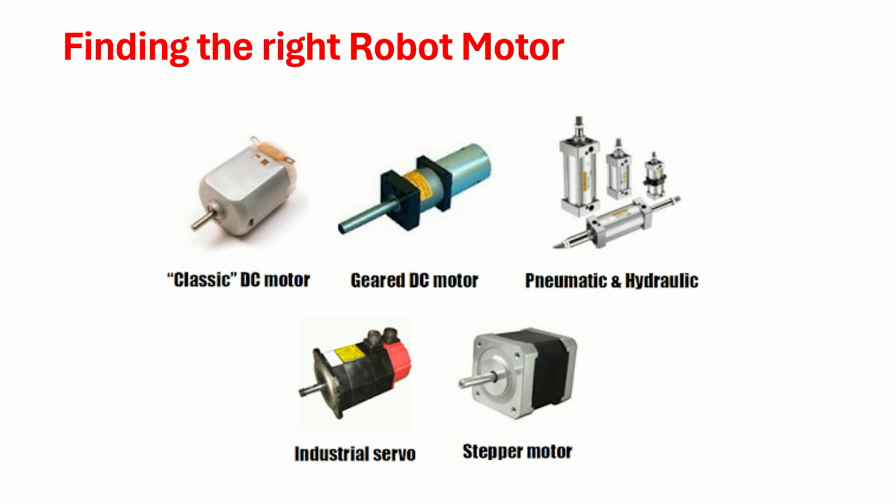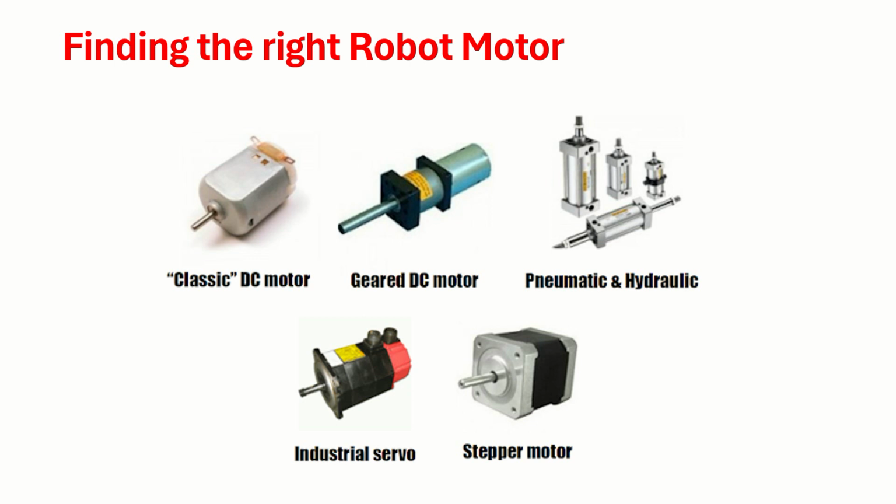But their limitation is that their cost is a problem. So you have to carefully look at what your application is and what the specifications of the end product are which you are looking for. Accordingly, you have to choose the right robotic motor.